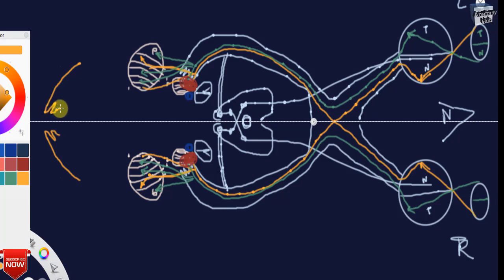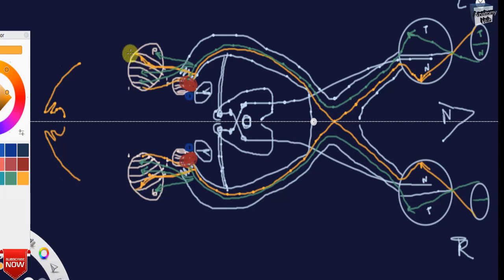Above the calcarine sulcus is your upper bank, and below the calcarine sulcus is your lower bank.